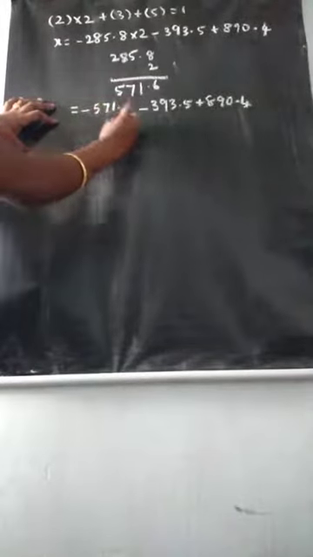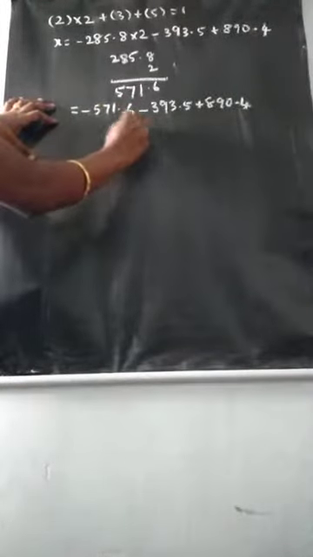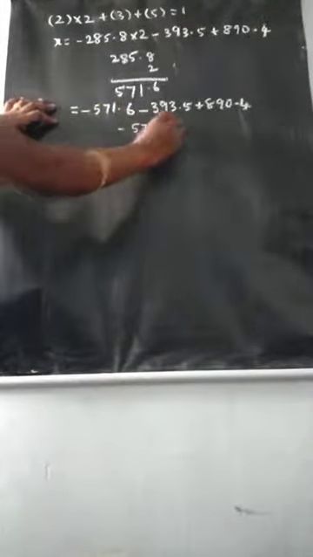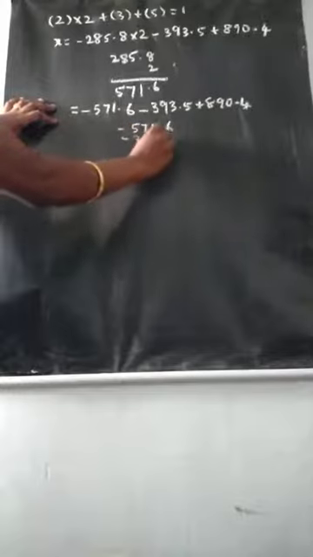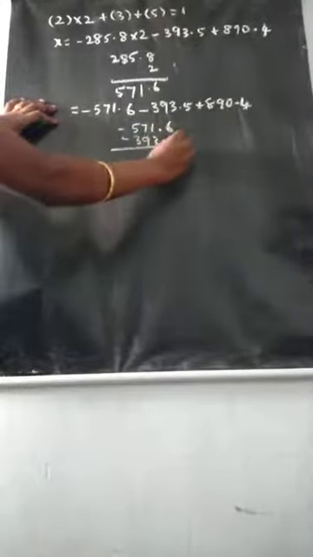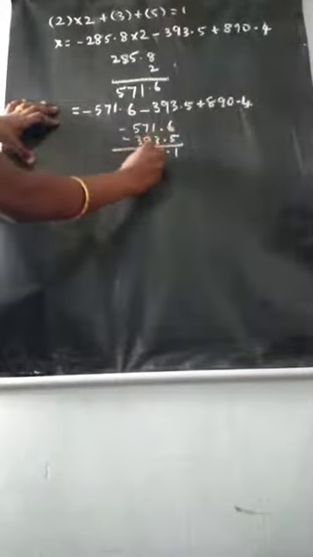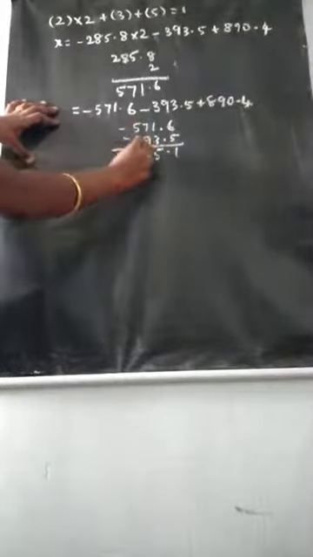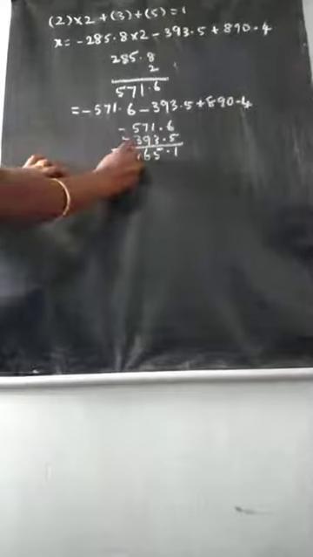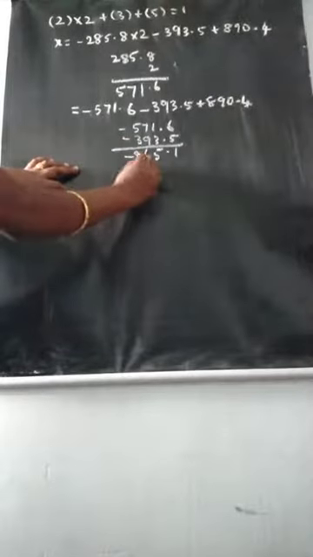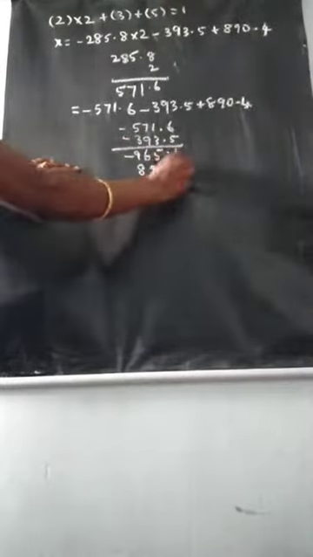First, minus 571.6 minus 393.5, so minus 965.1, plus 890.4.